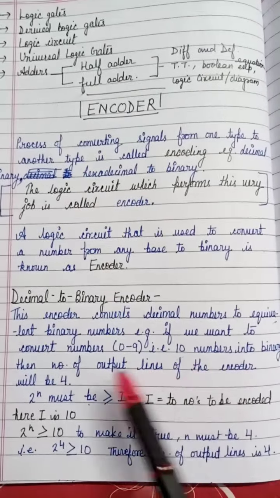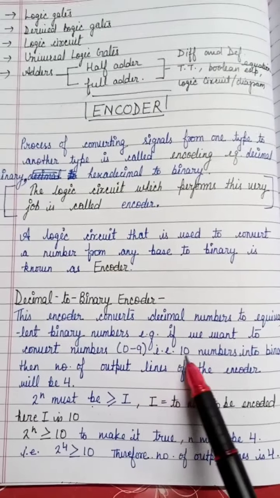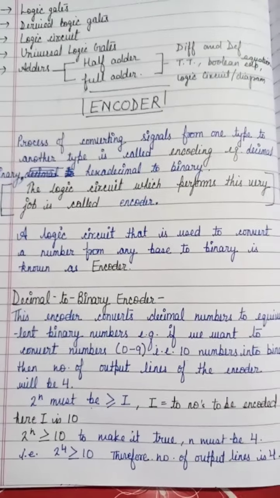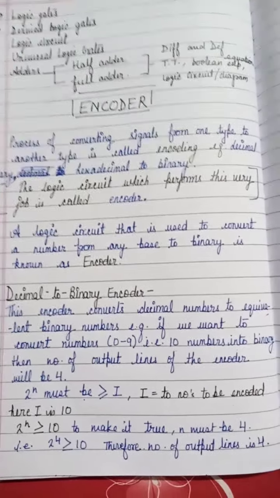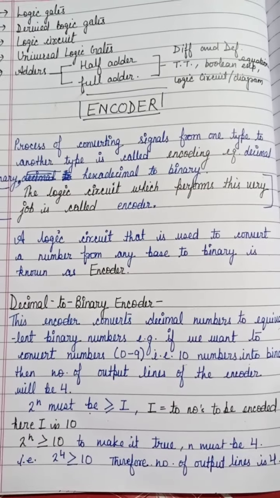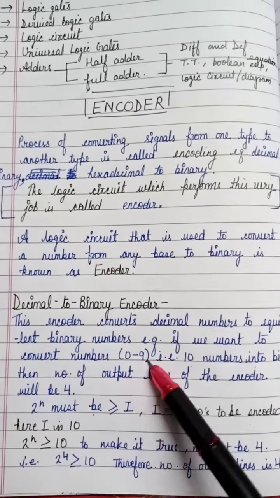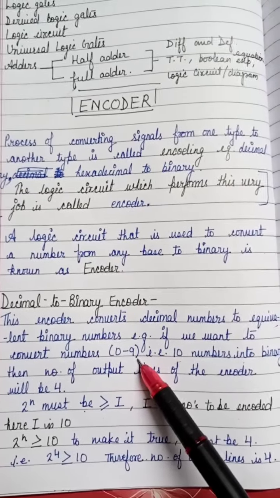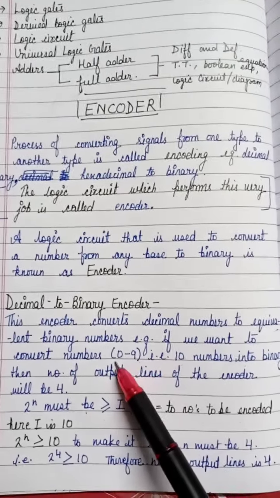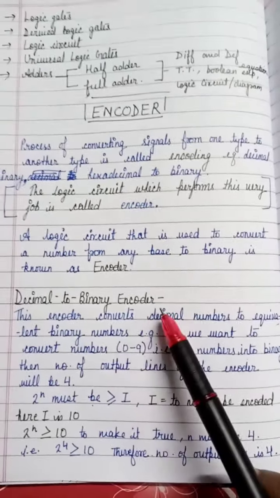Now if we want to convert these 0 to 9, total 10 numbers, into binary, then these will be the input lines. 10 input lines will be there, from 0 to 9. We have to convert these numbers to binary.